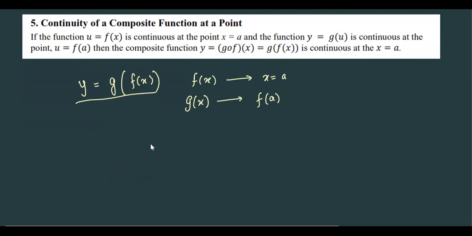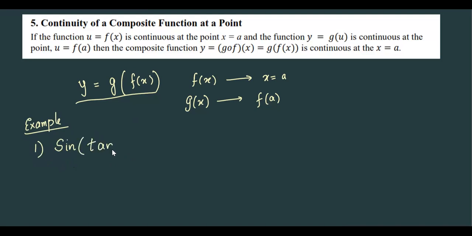For example, let us try to take a discontinuous function. Let us take sine of tan x. Sine of tan x.